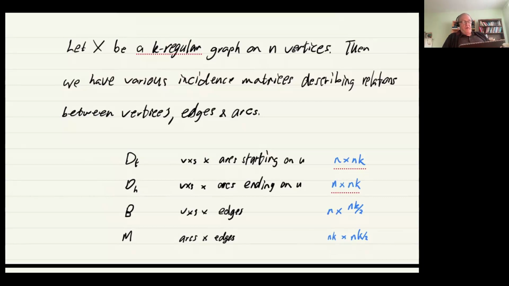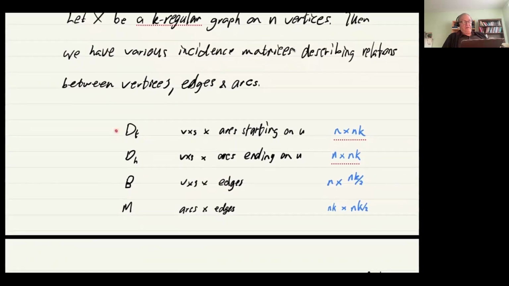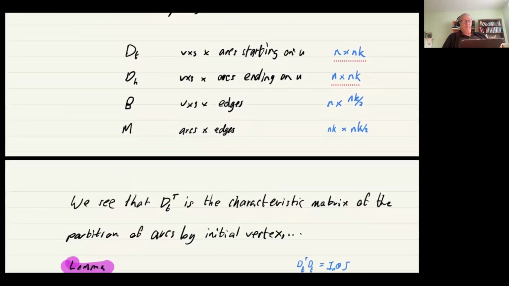So we have these 4 instance matrices, and they all matter. D_t transpose is the characteristic matrix of the partition of arcs by initial vertex, and that's eventually going to give us the coin matrix for the arc reversal walk.